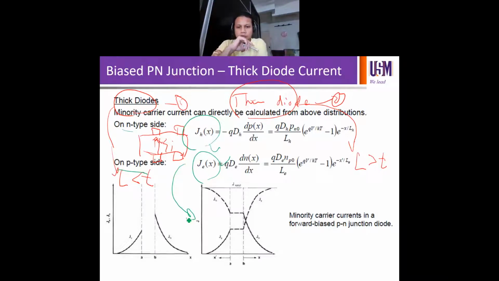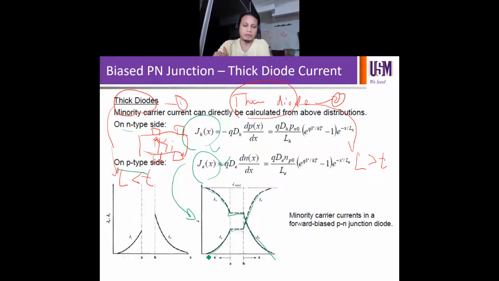So these will be the minority carrier currents in a forward bias PN junction. JH will be in this shape more or less, if you try to calculate at every point, and JE will be like that.